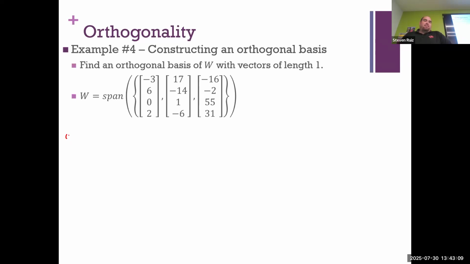So let's do this. U1 equals vector 1. We can fast forward a little bit, which means that U2 is going to be equal to V2 minus V2 dot U1 over U1 dot U1 times U1.